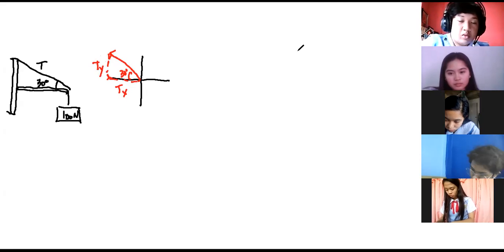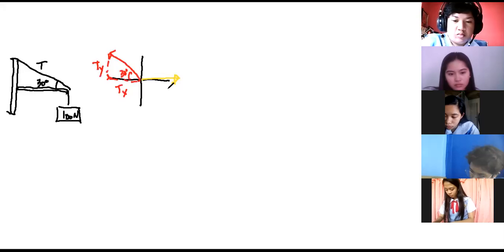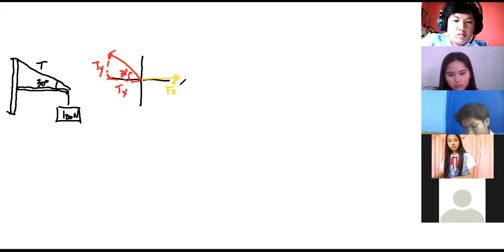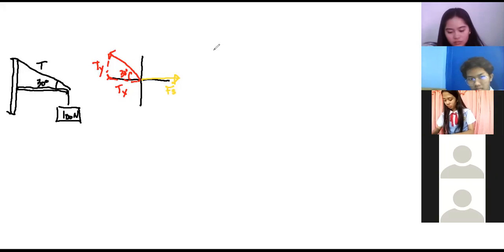Your strut is in this direction. So this one is your Fs, your strut. And then the last one is the weight. And the weight is moving downward here. There. So that's the weight.